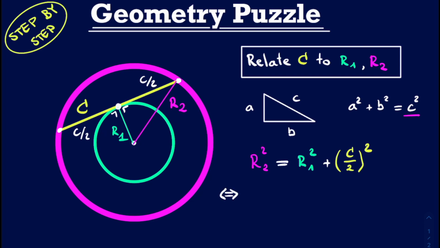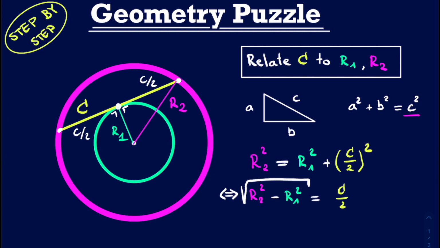We can first move this R1 squared to the other side of the equality sign, which then gives R2 squared minus R1 squared, and this will be equal to the square of C divided by 2. The next step is to remove this square on the right hand side by simply taking the square root of both sides. Taking the square root on the right hand side simply removes this square around C over 2, and on the left hand side we simply get the square root of R2 squared minus R1 squared.